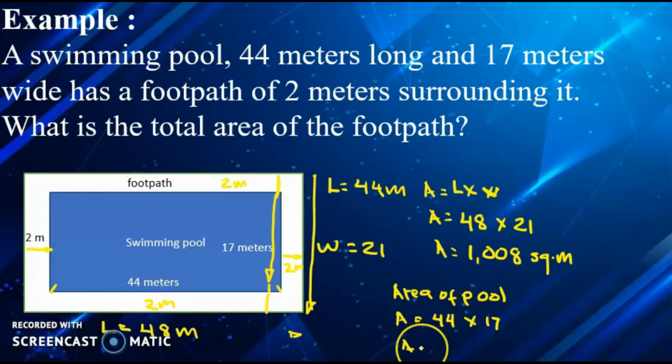So area is equals to 44 times 17 is 748 square meters. Okay? So, yan yung area ng pool. So, minus na natin ngayon, no?